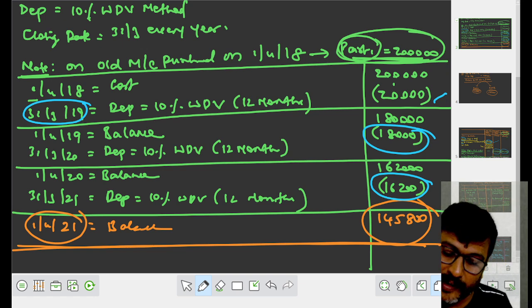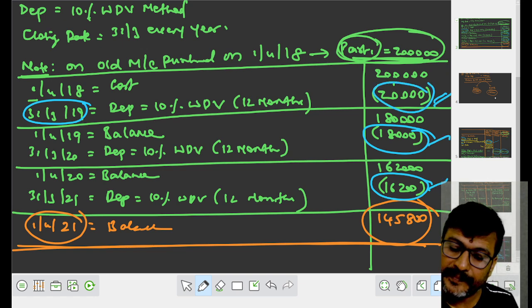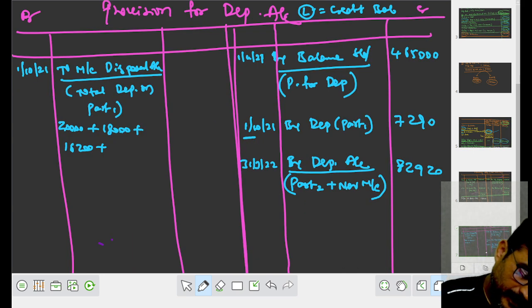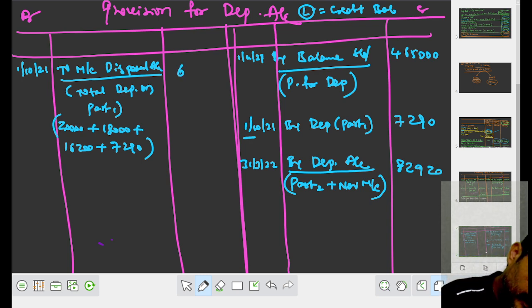Okay, you have taken 1, 2 and 3, right? उसके बाद में कब? Here on October 21, 7,290. Add all the 4 depreciations, it comes to 61,490.